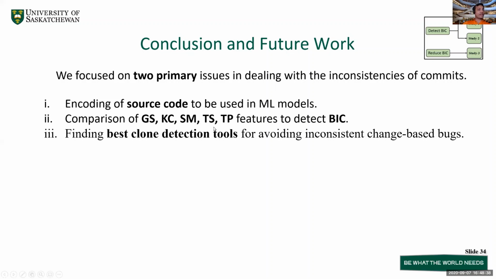I compared different types of features and their performance in detecting bug-inducing commits. And I also tried to find the set of best clone detection tools in determining the co-change candidates, which can eventually reduce the number of bug-inducing commits.